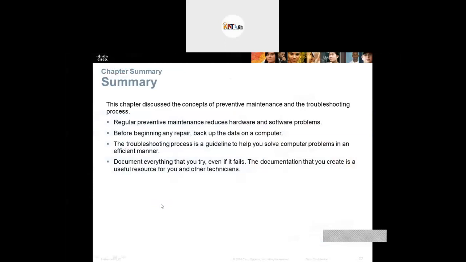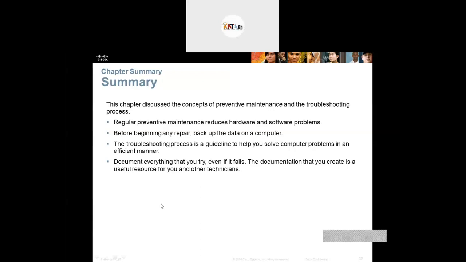The chapter discussed the concept of preventive maintenance and the troubleshooting process. Regular preventive maintenance reduces hardware and software problems before beginning any repair on a computer. The troubleshooting process is a guideline to help you solve computer problems in an efficient manner, and then you document everything that you try.